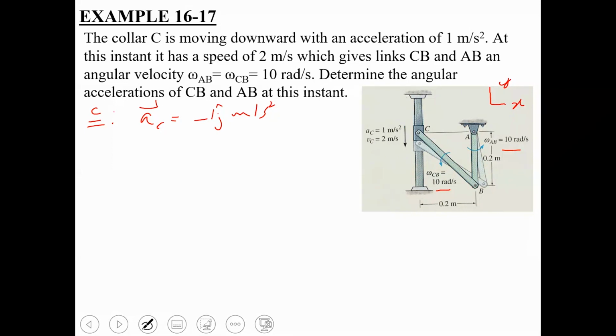So considering the next link, which is link CB, what should be the base point for relative acceleration equation?